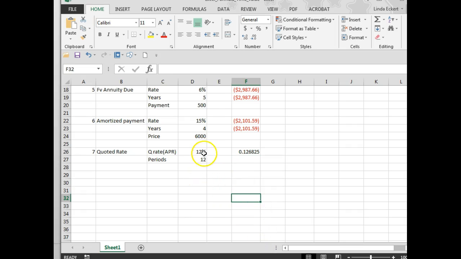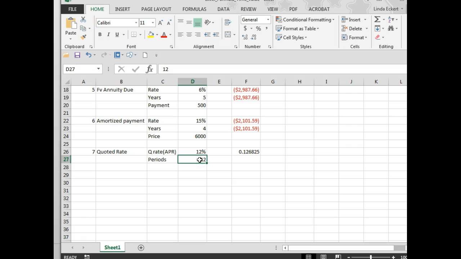And then you can just play with these two. And you can change them, and your formula will change with it. Let's say there were 10 periods. Let's see what it's going to do. Changed it just a bit.